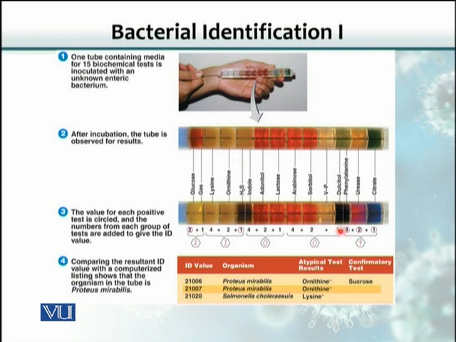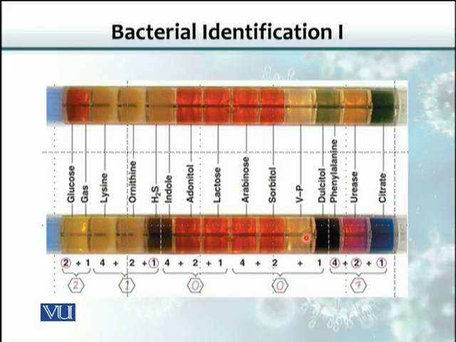So at the end, a score is added that generates a numerical code, which you then compare with the codes that the companies providing the media also provide, against the microorganisms. This is another slightly larger view.